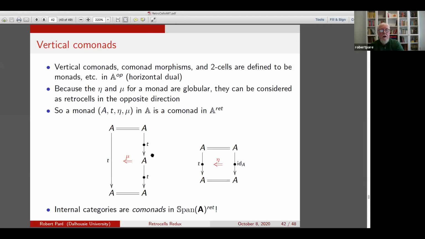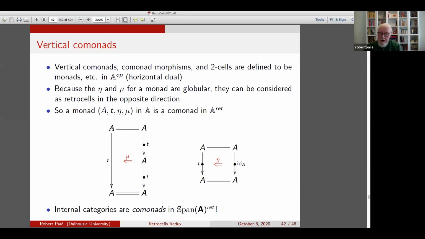Now the thing about vertical monads is that the two-cells, the mu and the nu, are globular, and so if you want, you can consider them as being retrocells, but going in the opposite direction. So now I have this mu, which still goes from this to this, but it's a retrocell. I should have put identity morphisms with arrows here.